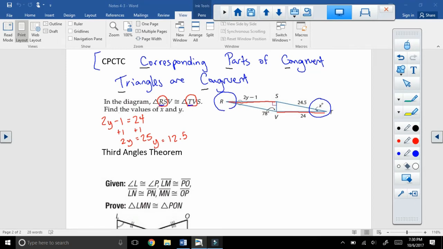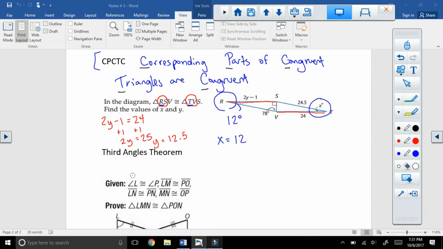So I can find this angle. I can add the 90 plus the 78 and take that away from 180, or if you remember, since this is a right triangle, these two are going to add up to be 90. So I would probably just think in my head, okay, what is 90 minus 78? So this angle is going to be 12 degrees, and that's what x is. So x is going to equal 12.